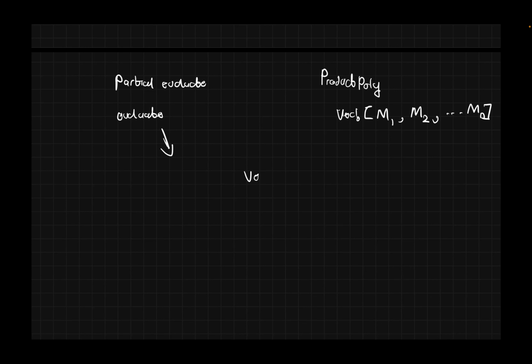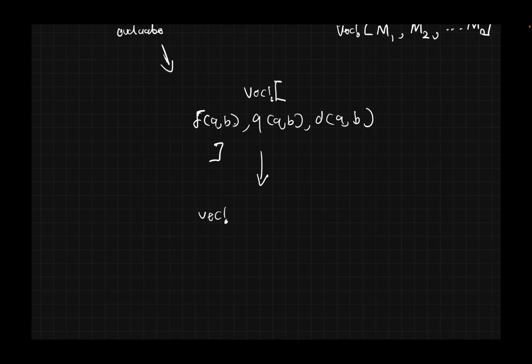So let's say you had a vec of f of AB, then q of AB, and then d of AB, right? If you want to partially evaluate at, let's say, a equals something, what you are going to return now is still a vec, that's still the product poly, but it's going to be f of what? We're partially evaluating a.